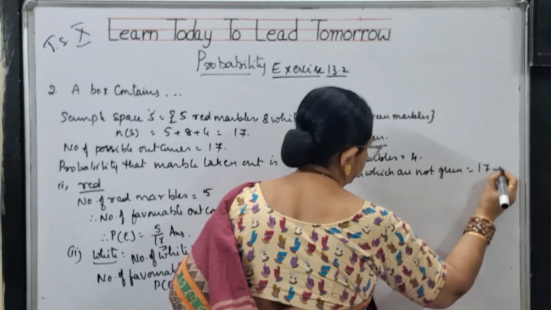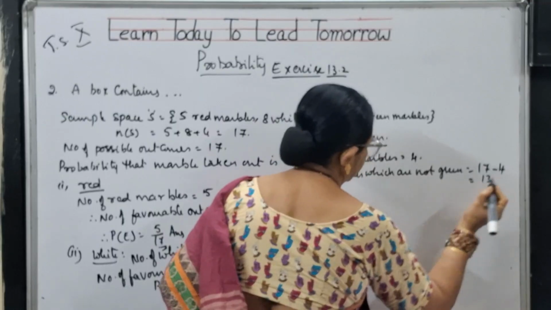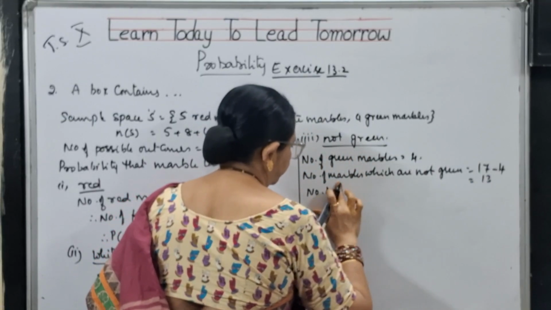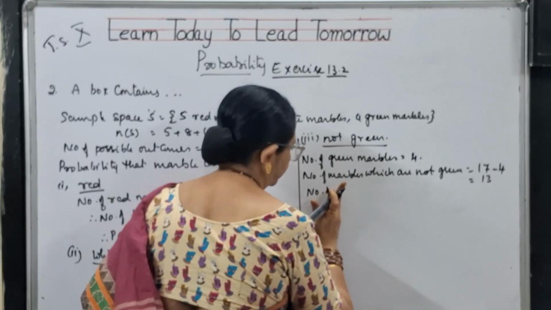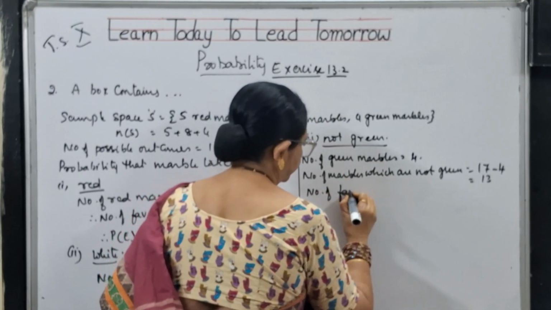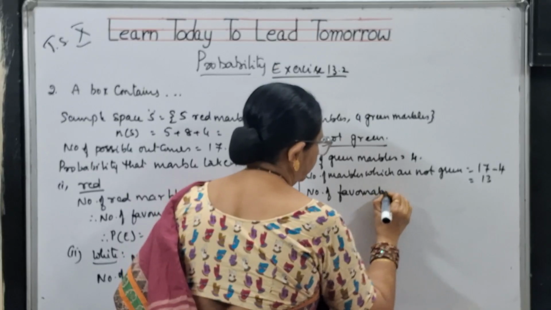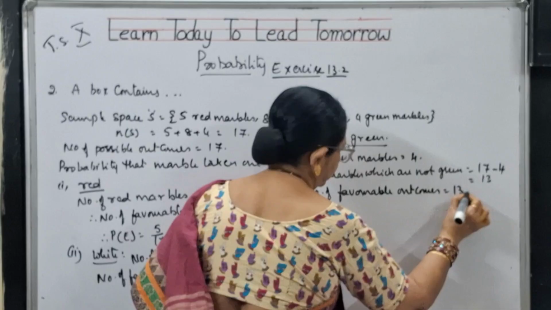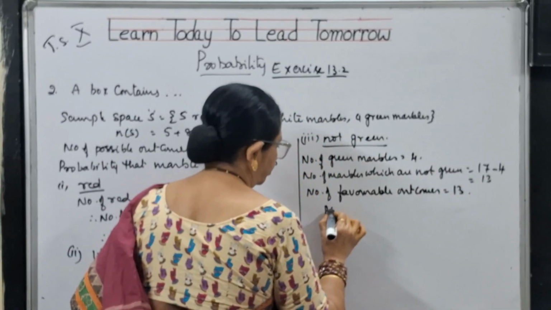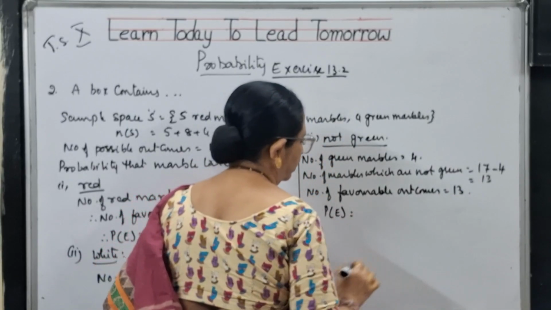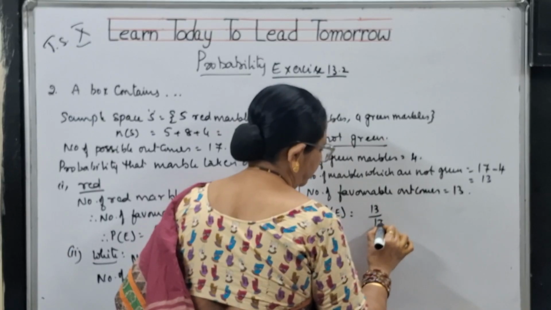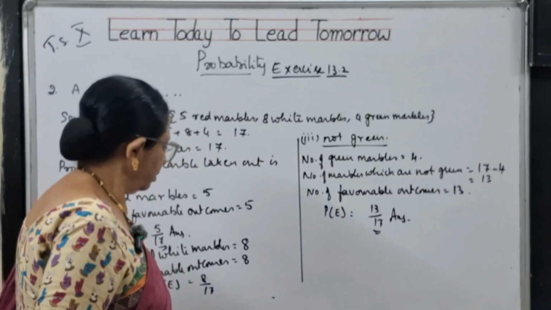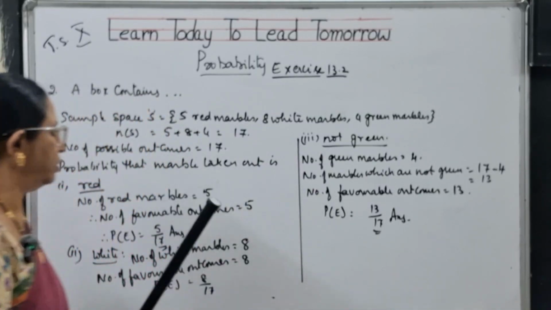From the total marbles you have to remove 4. That is 13. That means number of favorable outcomes are 13. That means probability of getting this event which are not green is 13 by 17. This is the answer, children. So all the 3 bits I have done.